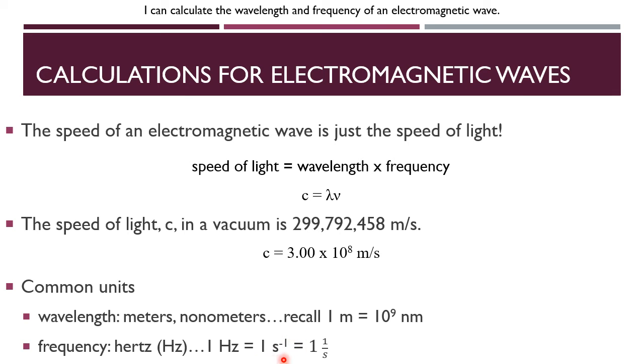You might see it as seconds to the -1 power, but that's the same thing as writing 1 over seconds. So our frequencies are given in hertz, which is 1 oscillation or 1 wave per second, commonly written just as 1 over seconds or just as hertz. We'll see in these example calculations coming up what that looks like.